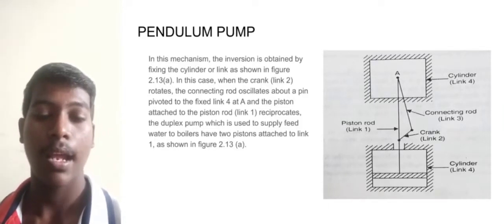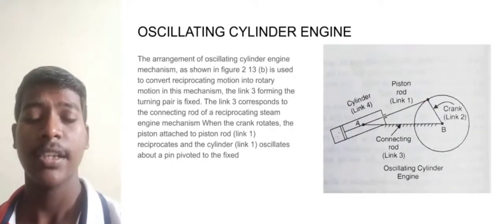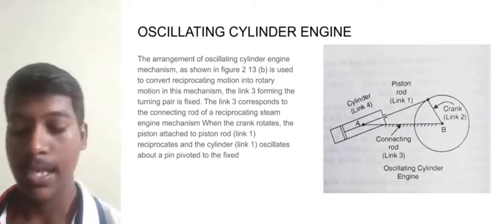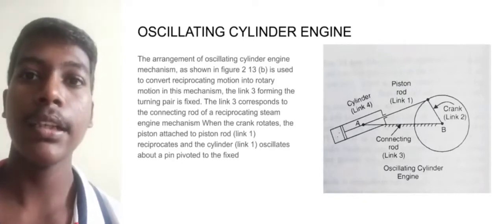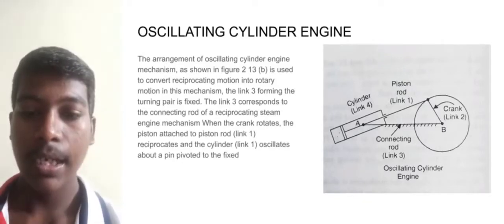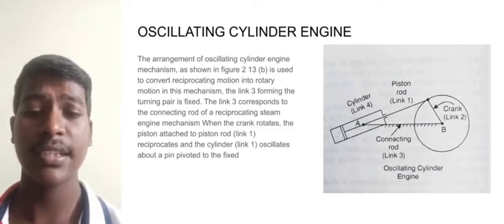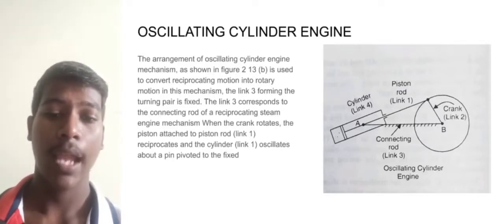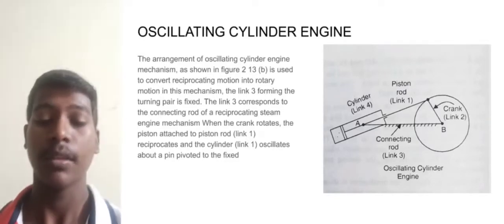The next is the oscillating cylinder engine. It is also called a four bar mechanism with four links. Link one is the piston rod, link two is the crank, link three is the connecting rod, and link four is the cylinder. Oscillation means the angle between the crank and piston.